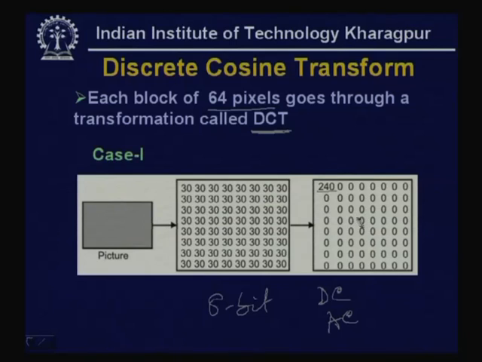So, essentially it has one DC component and all AC components are 0. These zeros can ultimately be sent in a very compact form, as we shall see later.